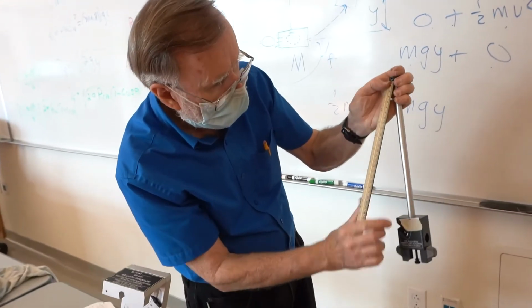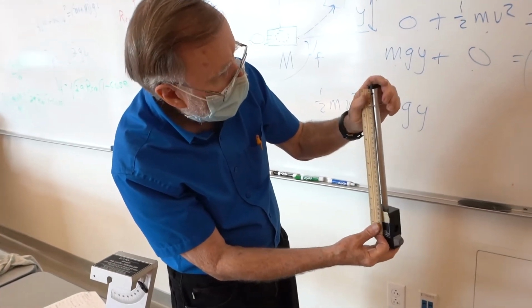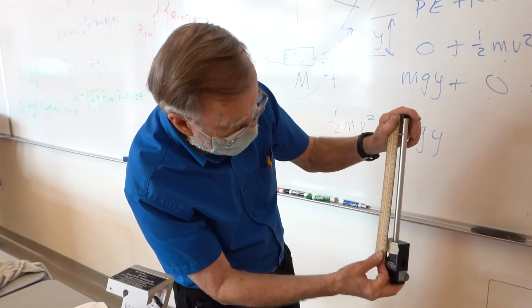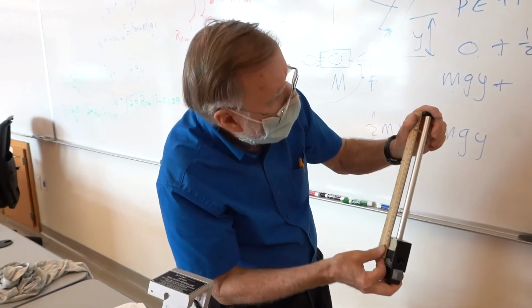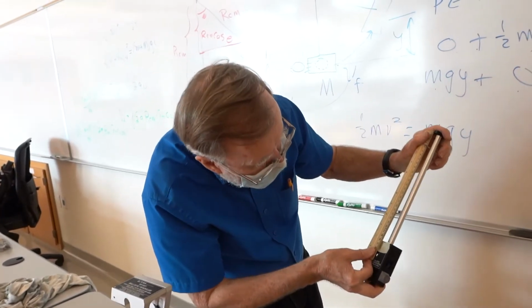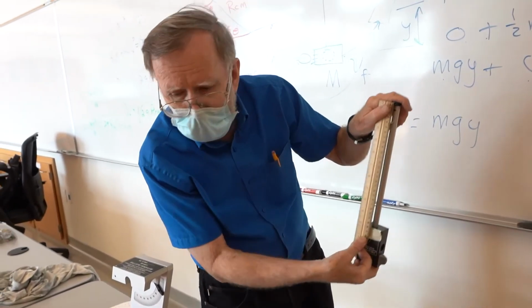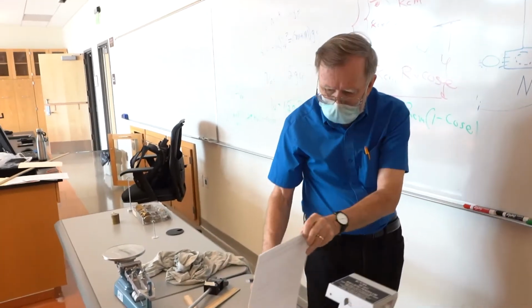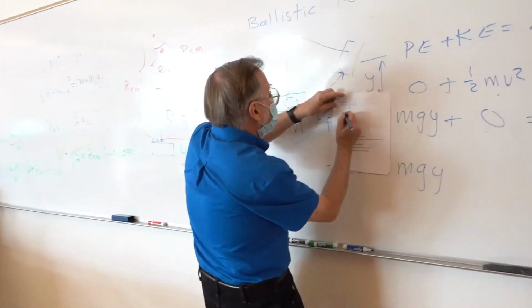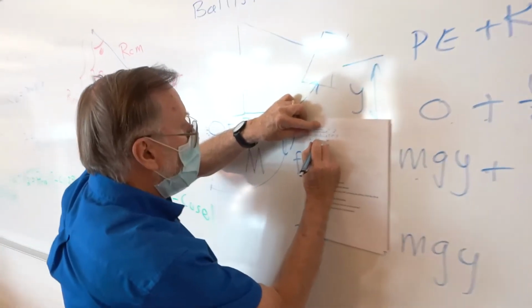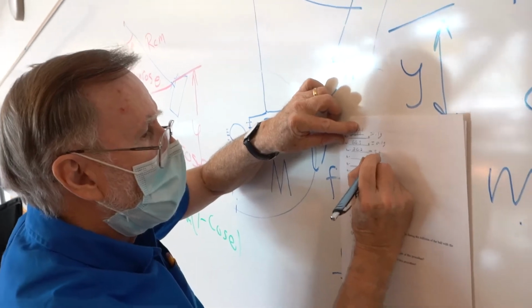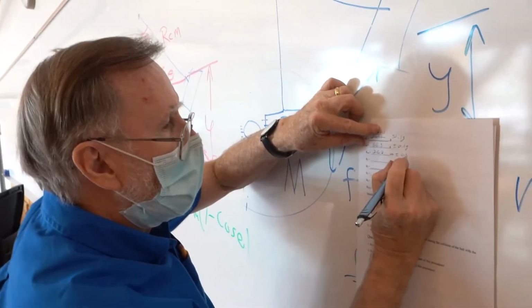So I'm just going to lay the measuring stick here. And that looks like about 26.2 centimeters. So for RCM, I'm going to write 26.2 centimeters plus or minus 0.1 centimeter.